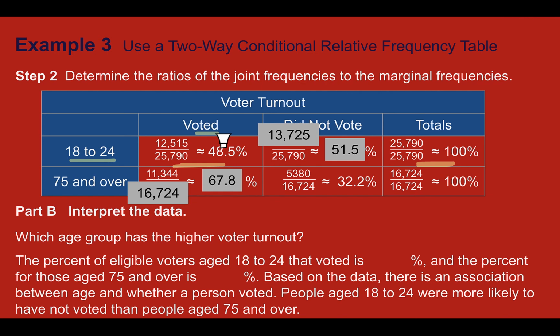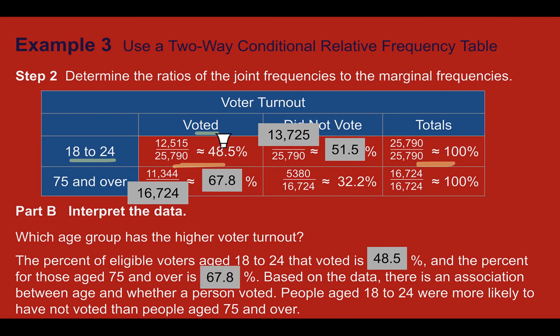Based on this, now we can interpret the data. Which age group had the higher voter turnout? Well, the percent of eligible voters between ages of 18 and 24 was 48.5%, and those 75 and older was 67.8%.